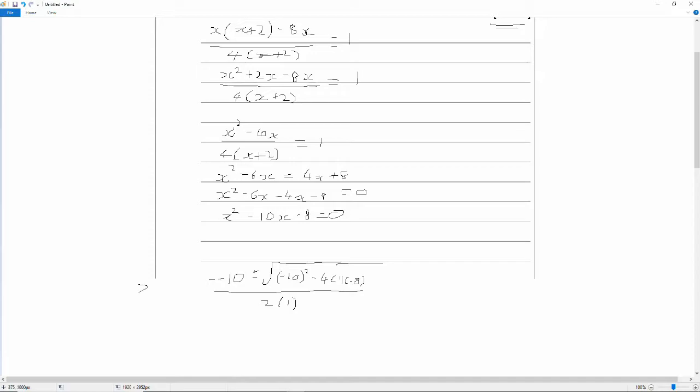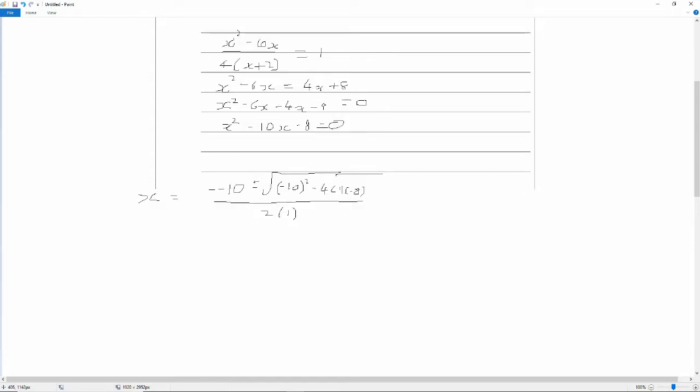So I'm going to say x is equal to minus negative 10 is positive 10, so that's just 10, plus or minus the square root. Negative 10 squared is 100. Negative 4 times negative 8 is positive 32, so plus 32, divided by 2.